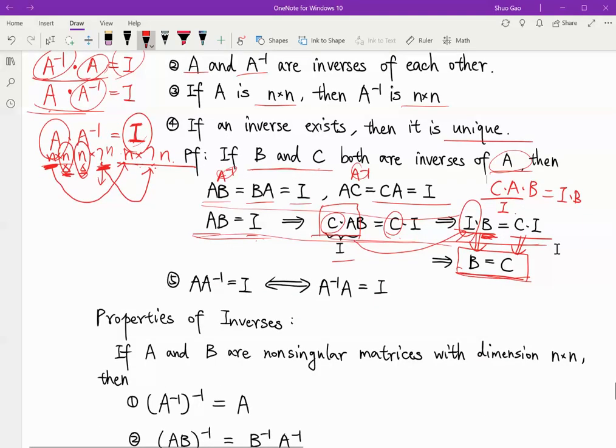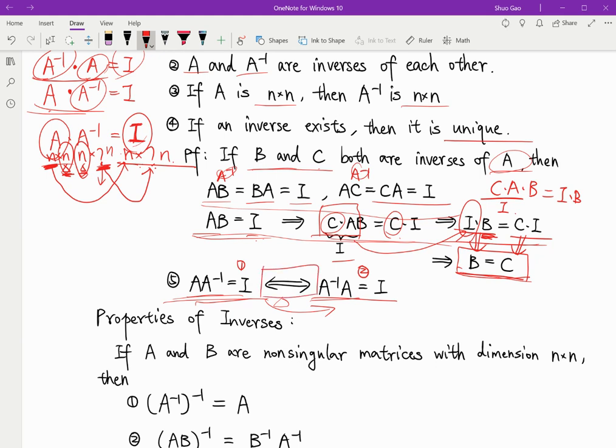Okay, and the last one: A times A inverse equals I, and this is equivalent to saying that A inverse times A equals I, right? From the first statement, we can know the second statement, and from the second statement, we can know the first statement, so they're the same thing.